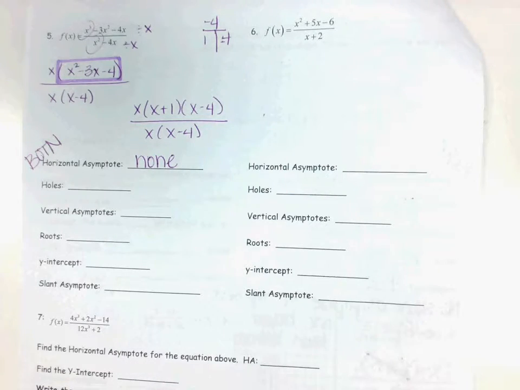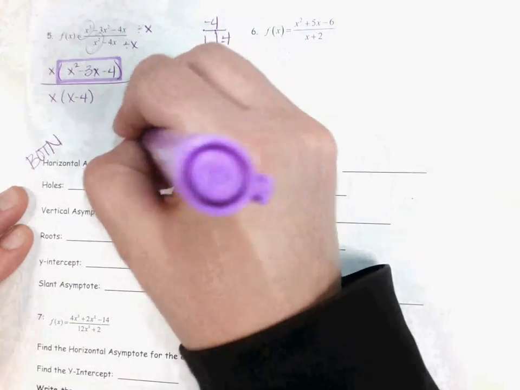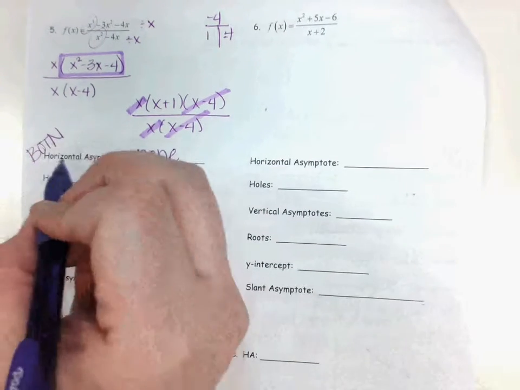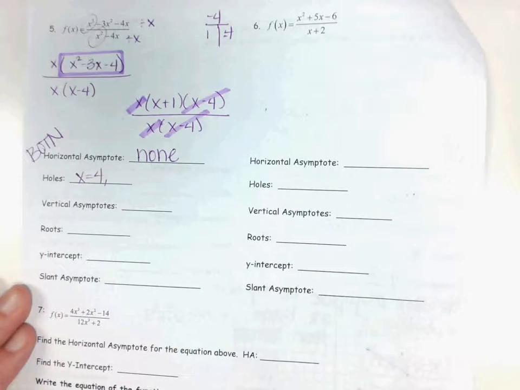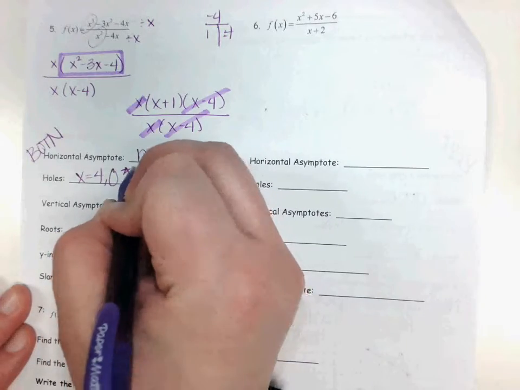Okay, 2 things can cross out. What are my 2 things? Okay, the x minus 4s and the x in the front. Now, for the x minus 4, where will the hole be? At positive 4. And what about for the x in front? 0. Okay, so I'm going to put a little star here.